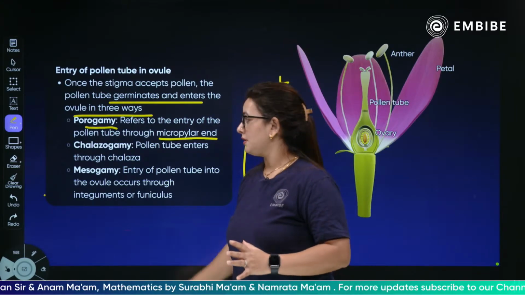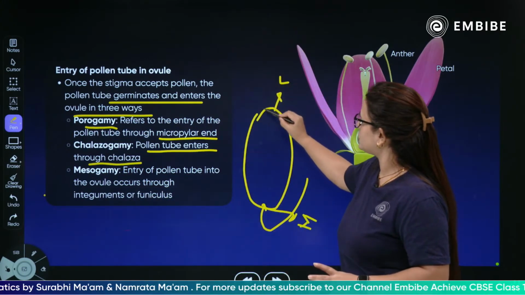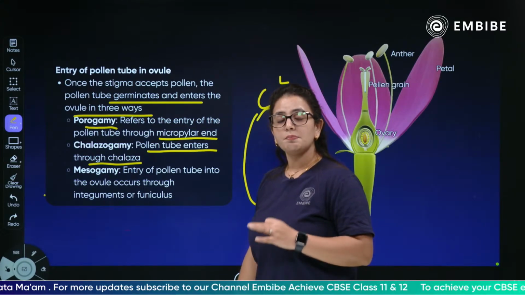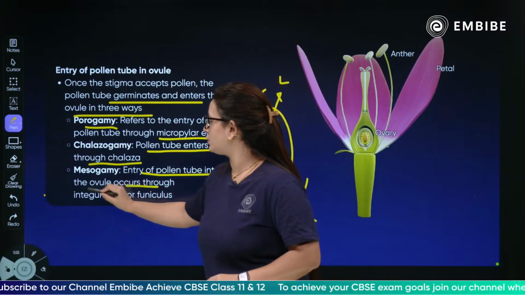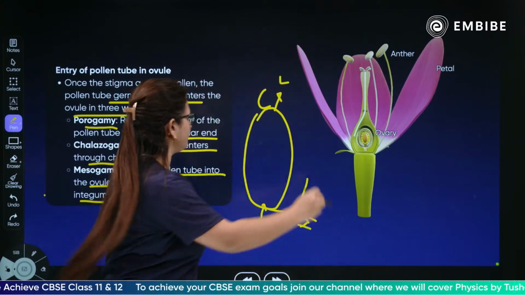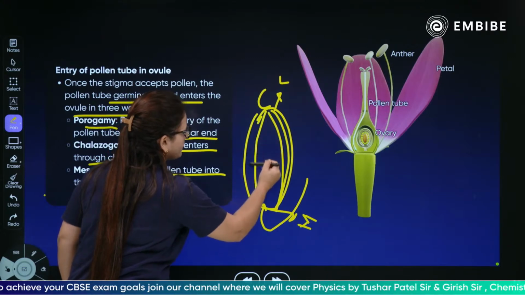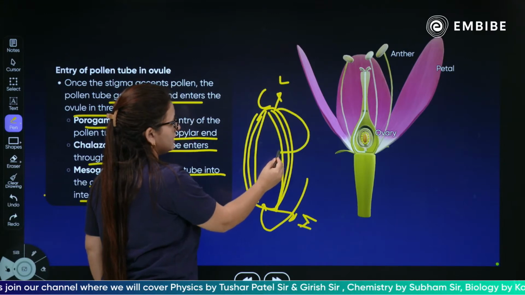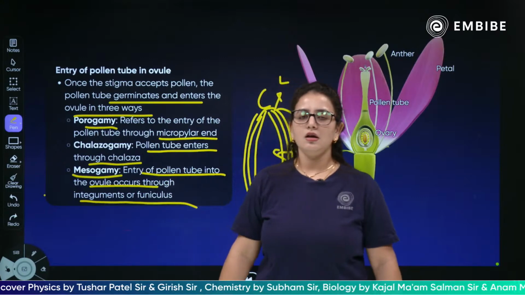If the pollen tube is entering through the chalazal end of the ovule, it is called chalazogamy. But if the entry of the pollen tube into the ovule occurs through the integuments or funicle, what are integuments? The layers. Inner integuments, outer integuments, layers of the ovule. If the pollen tube enters through these, it is called mesogamy.